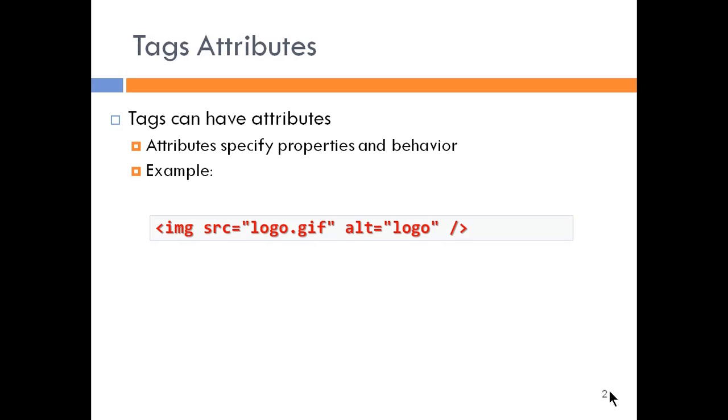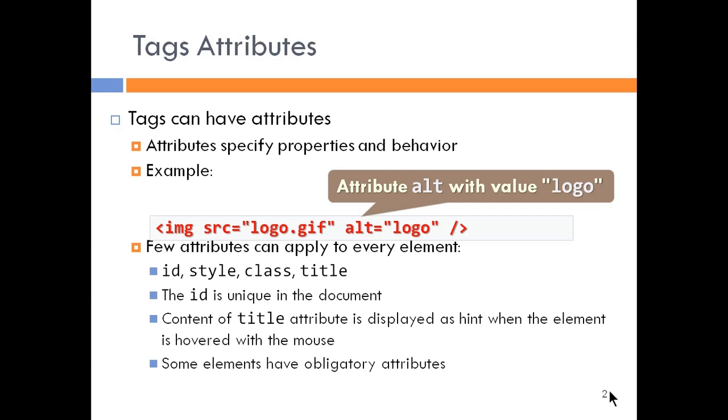So this image is taken from a source that is logo.gif and it has an alternate name that is logo. You can see that there is a pop-up attribute ALT with value logo.